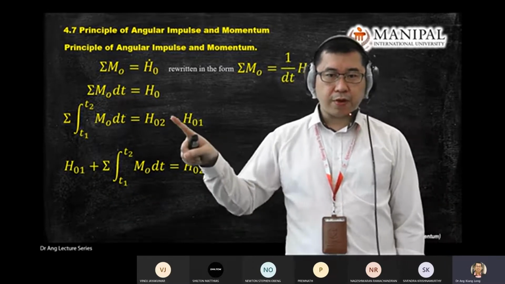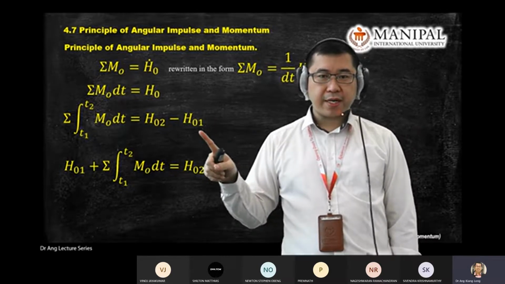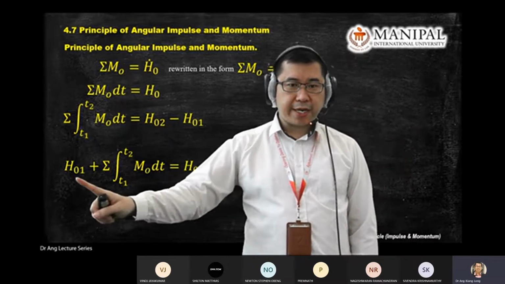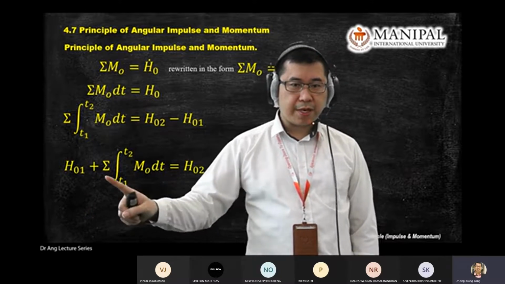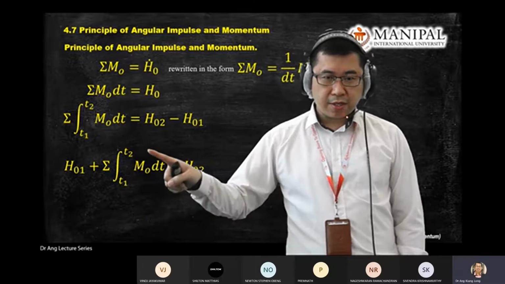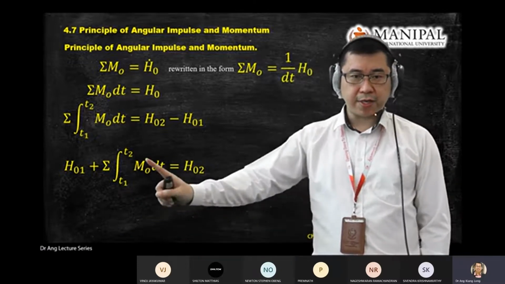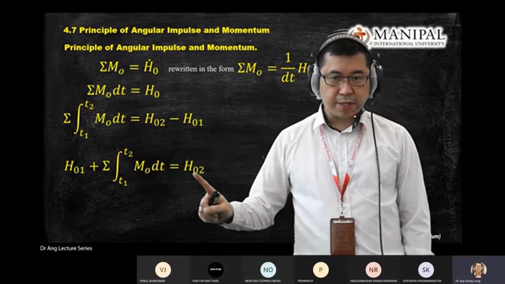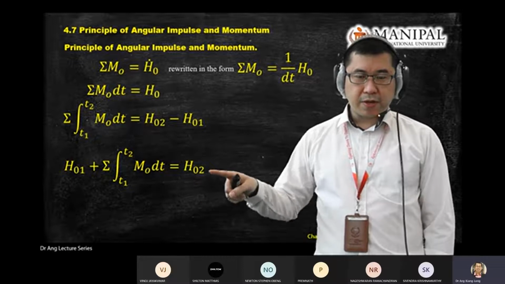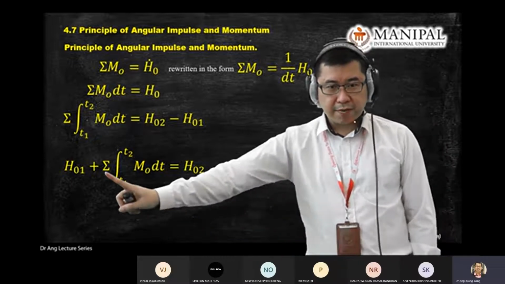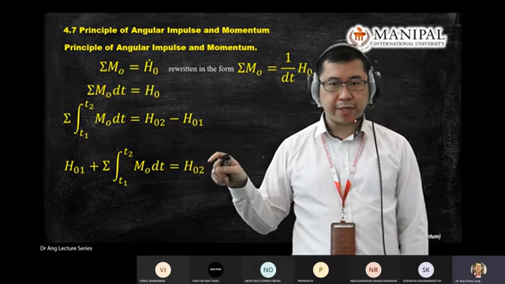You move your angular momentum before, or 1, to the left hand side. You get H1 plus the integral of the moment equal to angular momentum after, H2. Do you see the same form that we learned before this? But this one is in the form of momentum and impulse.